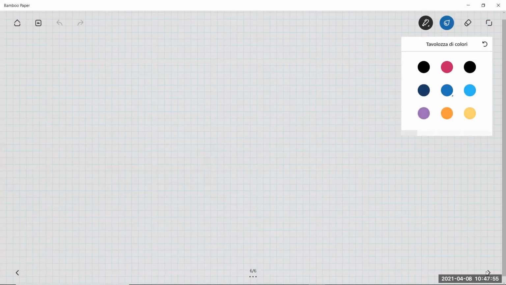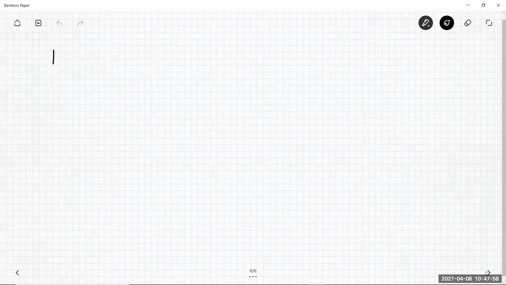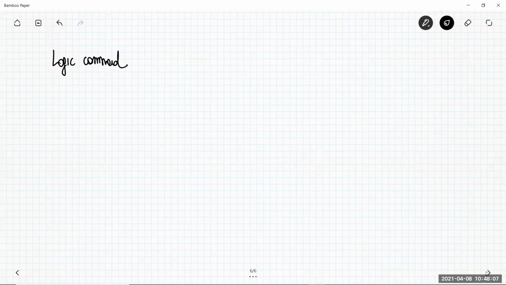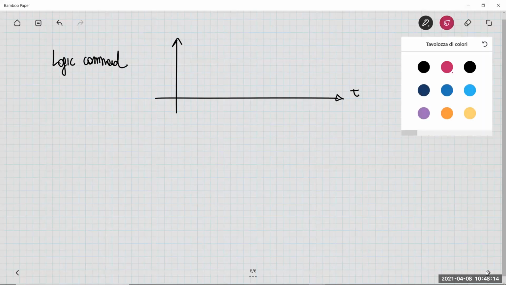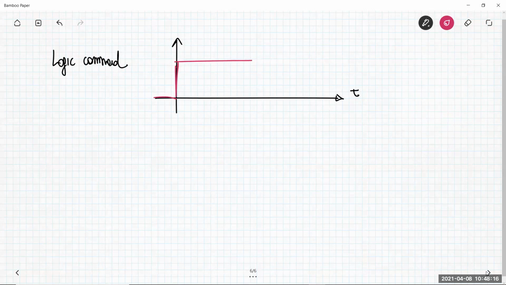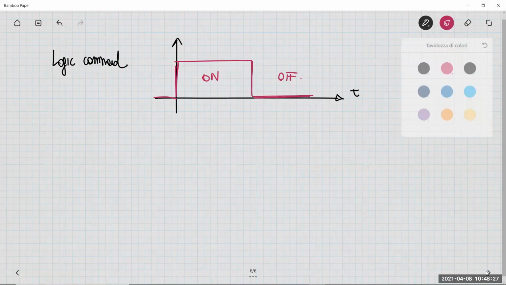Suppose that this is the logic command, described by a square or rectangular waveform, for example SA, SA prime, SB, etc. It means that here the switch is on, here the switch is off.